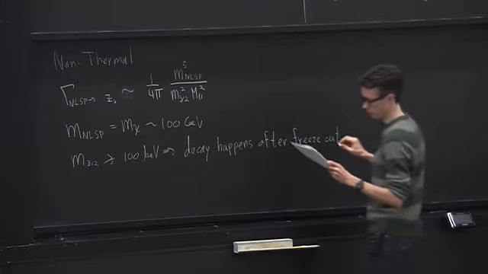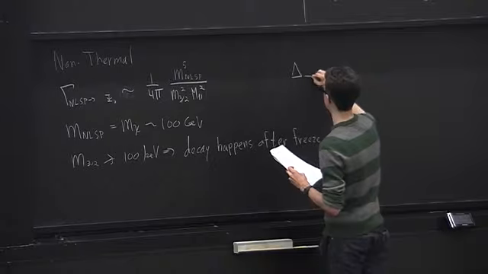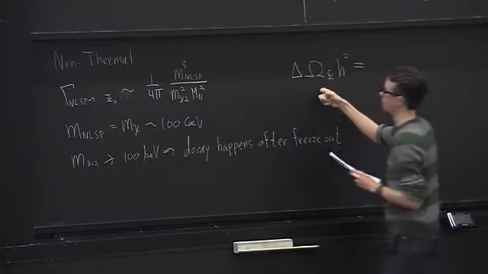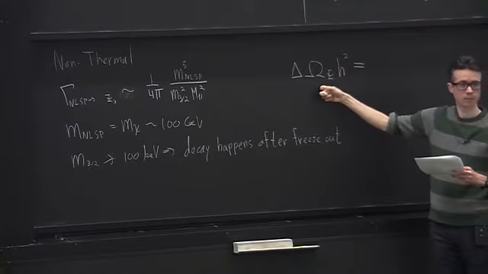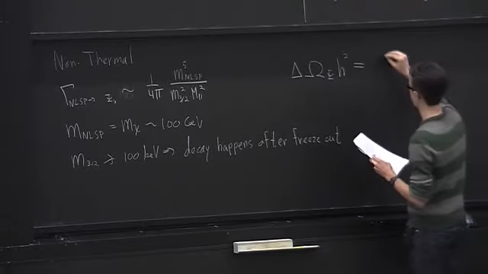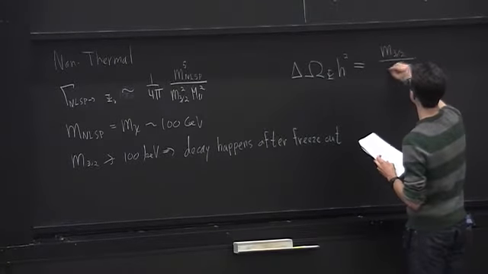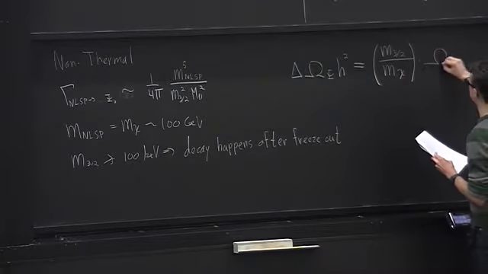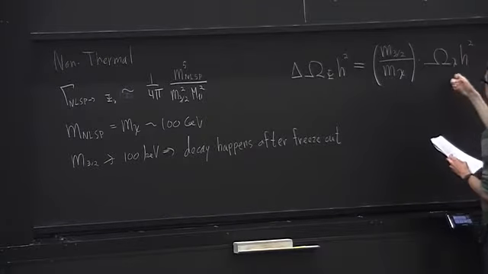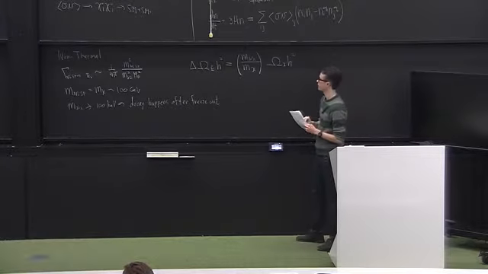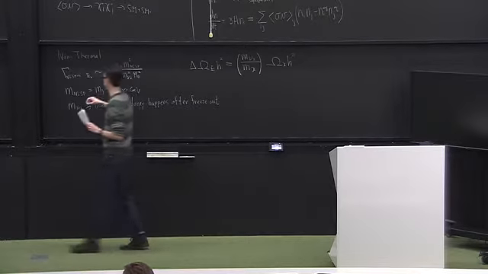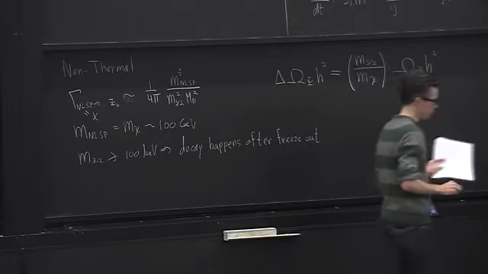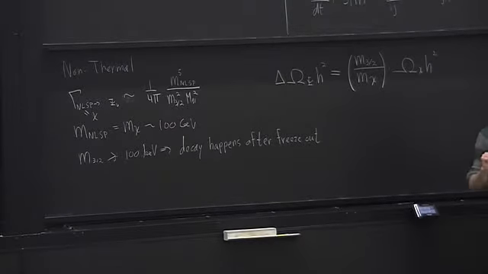And the final density of gravitinos you get this way is a contribution to the gravitino relic density. And the contribution to the gravitino relic density from this decay of the NLSP is going to be just M_3/2 divided by the NLSP mass times Ω h² that the NLSP would have. So what I mean by this is each of these NLSP decays, so I'm going to call my NLSP χ, produces 1 gravitino and some standard model stuff.